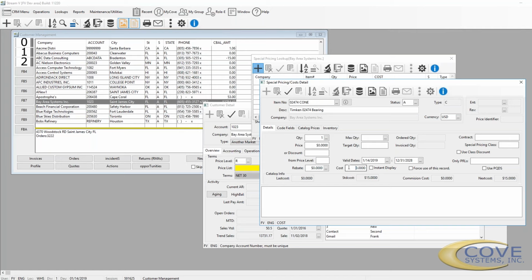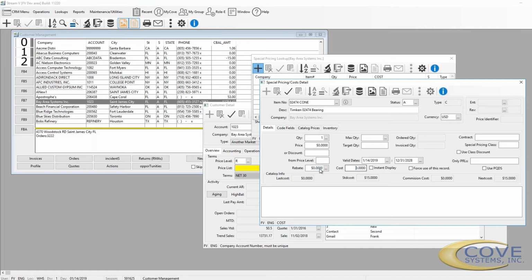Well, ViewSonic and Dell have an agreement that they're going to sell the monitor to Dell at a certain price, and that price needs to have a lower cost than ICG normally buys it at. So you set the fixed cost for this item when sold to this customer under this contract number.